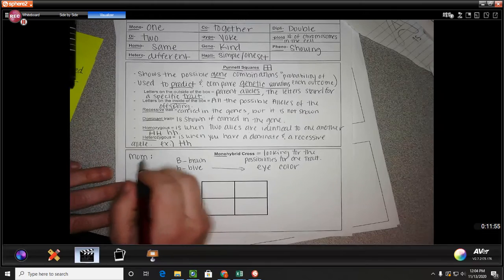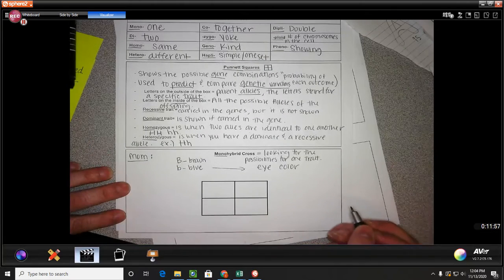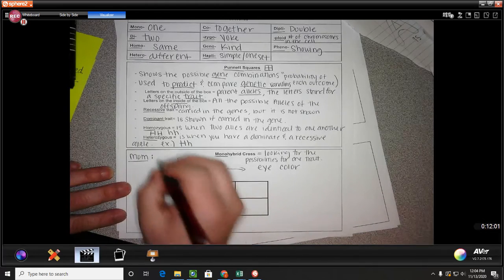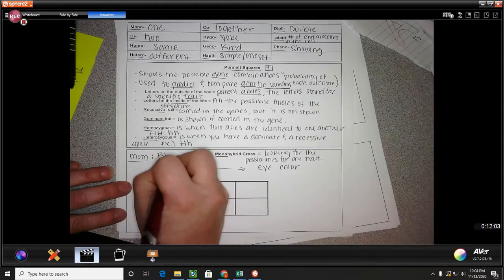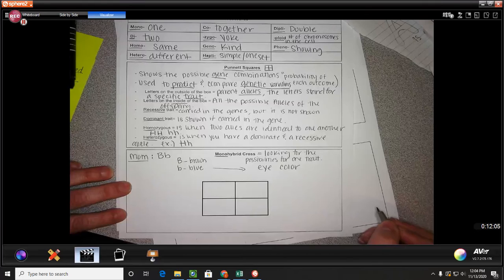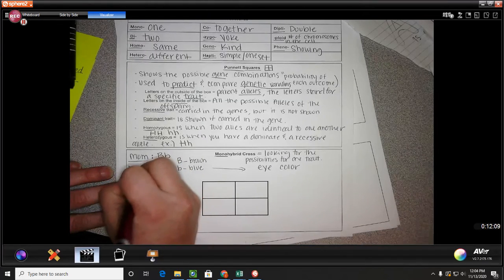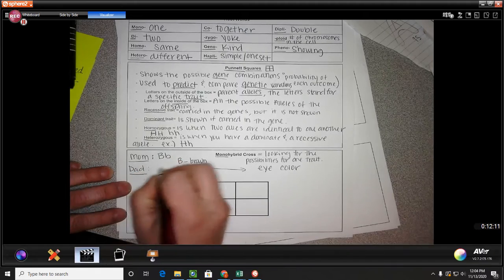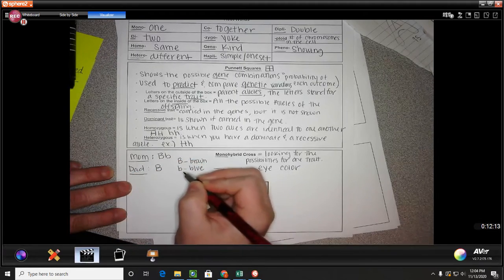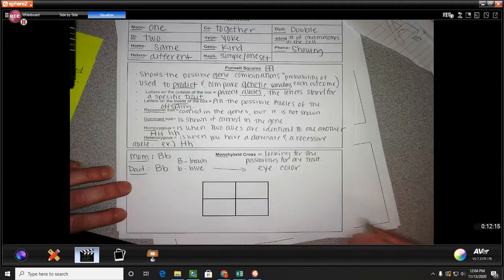So mom is heterozygous. What that means is she has a dominant and a recessive trait. Dad is also heterozygous. So he has one dominant and one recessive.